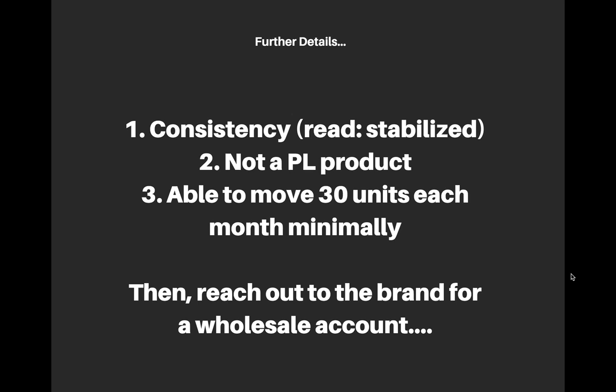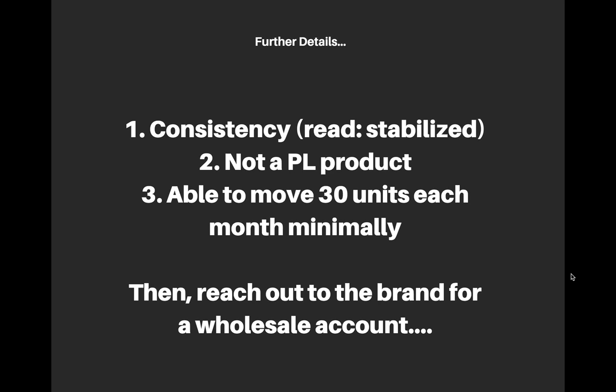That way we're not having to carry thousands of SKUs. We can carry a few handfuls of SKUs that are super profitable and place a lot less orders. So once we have found a product that meets our initial criteria and then this secondary criteria, we're going to go ahead and reach out to the actual brand and ask for a wholesale account.